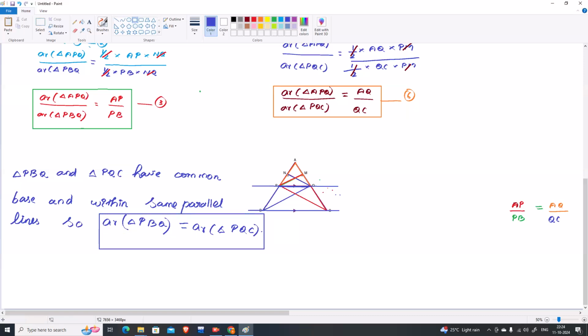So this particular point we are applying in the third and the sixth.